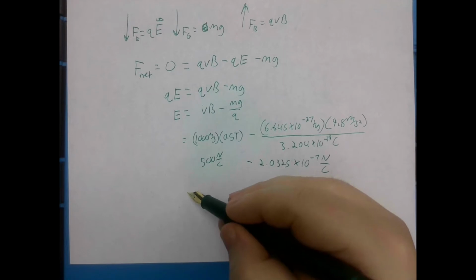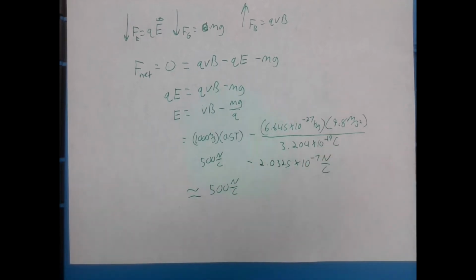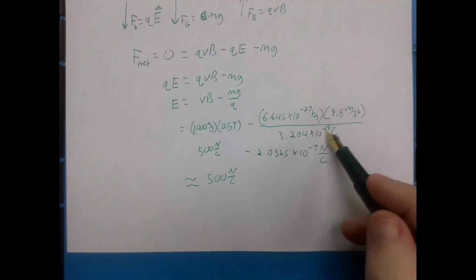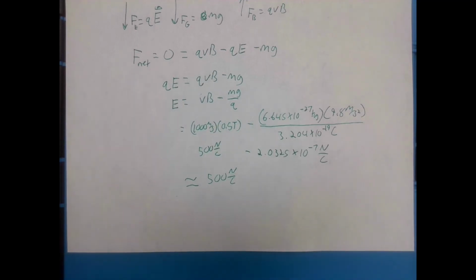And thus, this is still roughly equal to 500 newtons per coulomb. So even including gravity into this, it doesn't actually change too much. Actually, no. The stronger the charge, it would not, and we're already at the limit. The only thing lower than alpha charge is just a single proton. So we're at double the lowest possible number.